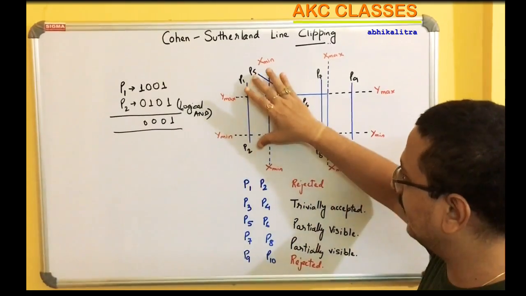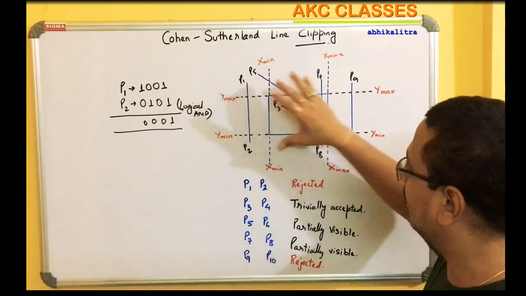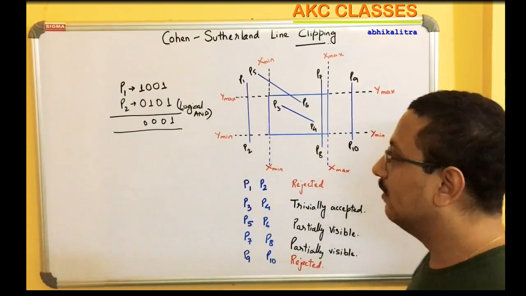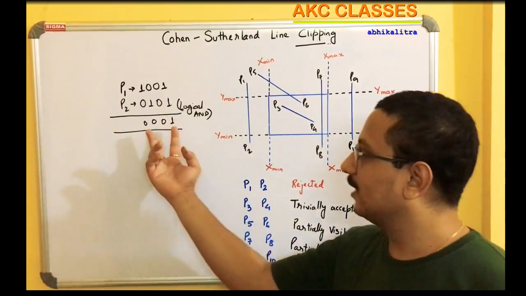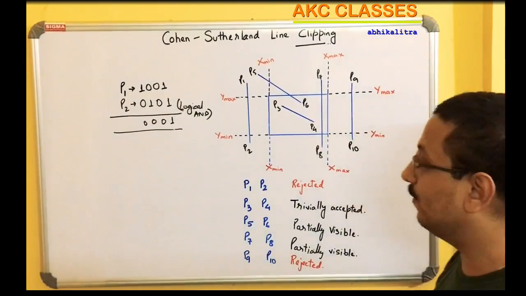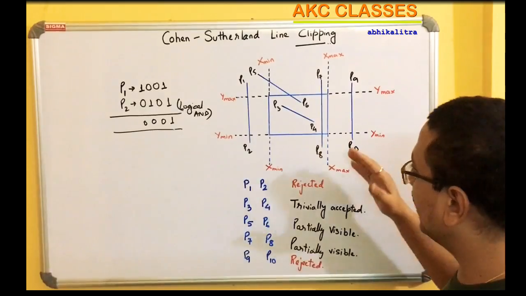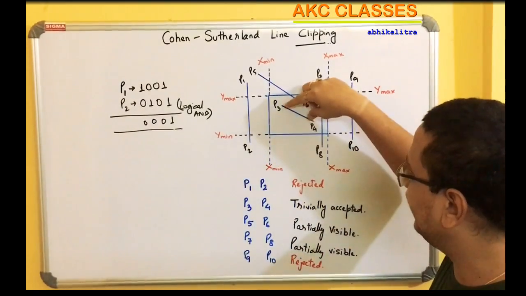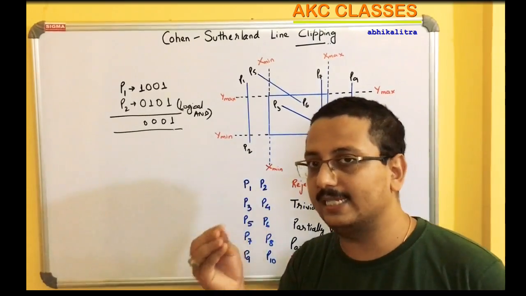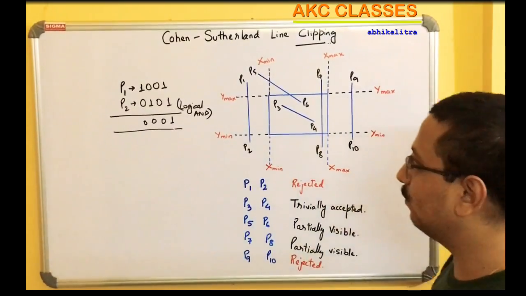All the lines which are partially visible or completely inside the rectangle boundary will have their logical AND operation as complete 0. We will see that one by one.